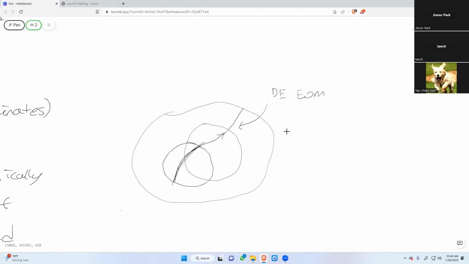Well, the great thing about this middle region is that you could use either coordinate patch number one or coordinate patch number two.